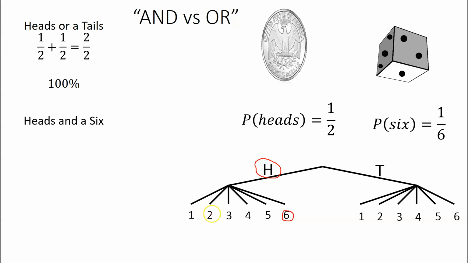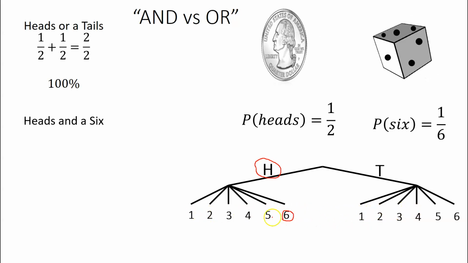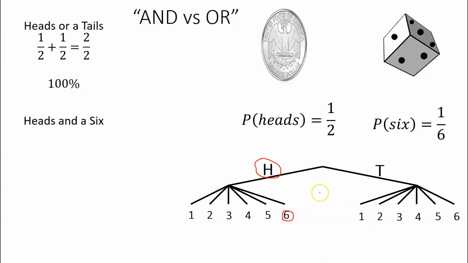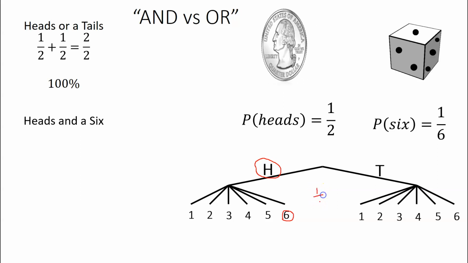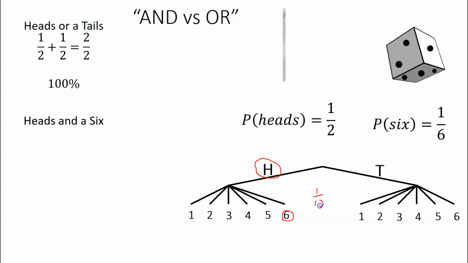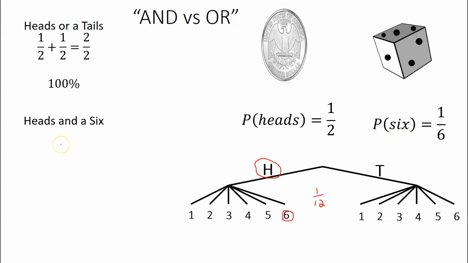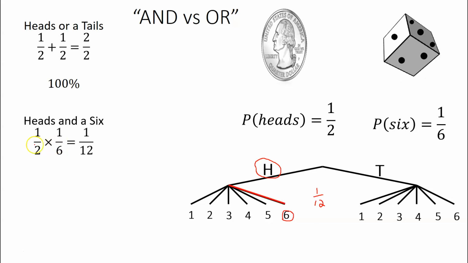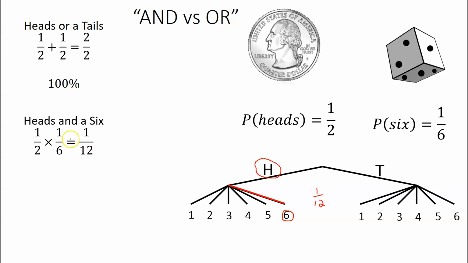The reality says there's 12 things that could happen, and this is just 1 out of the 12. So we know the probability is 1 out of 12. Now we need to match the calculation to give us that. The only way to make that happen, it's not to add them, is to go ahead and multiply. So we get 1/2 times 1/6 is 1/12. And so like I said, when you see the word "and," that is going to imply multiplication.